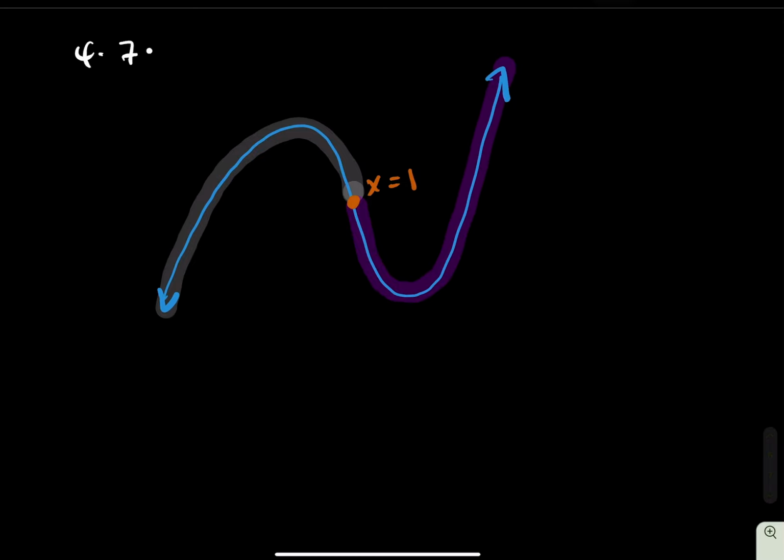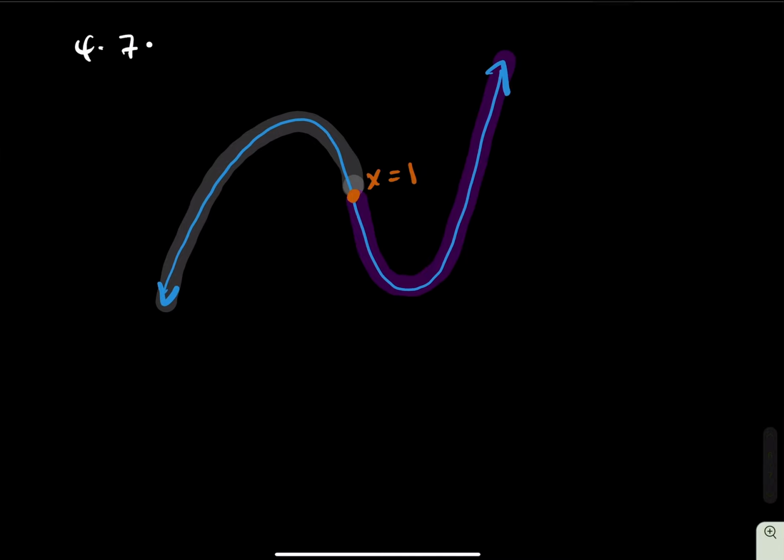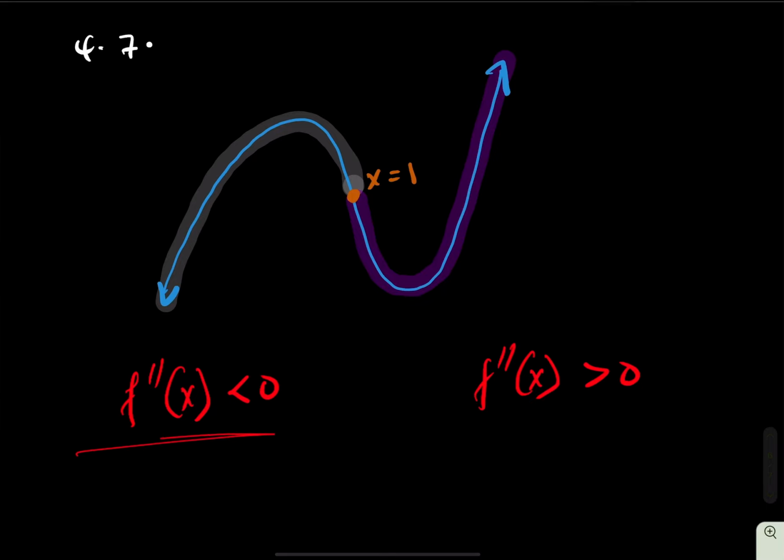How do you then analyze that in graphical terms? You basically say that for concave down, the f double prime at x is going to be less than 0, and then f double prime at x is going to be positive. This is how you find the concave down and concave up.